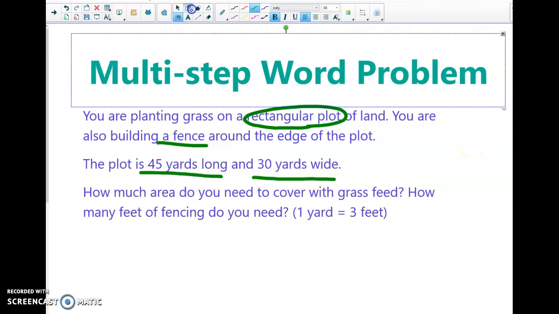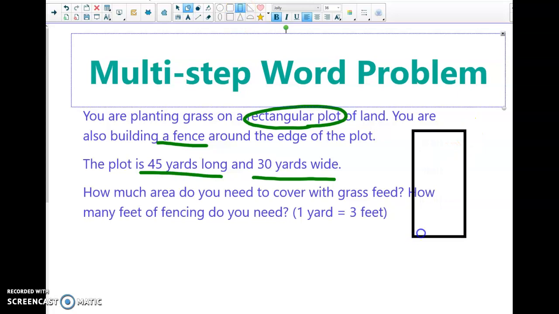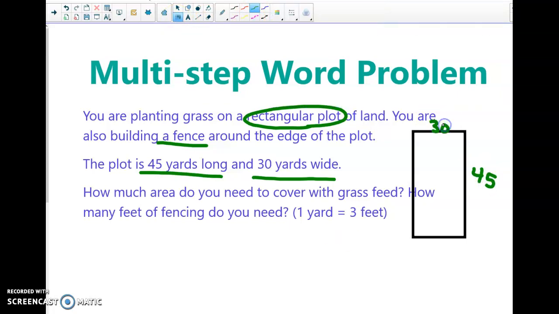So draw a rectangle to illustrate. They are asking for area and also fencing. So how much area do you need to cover with grass seed?